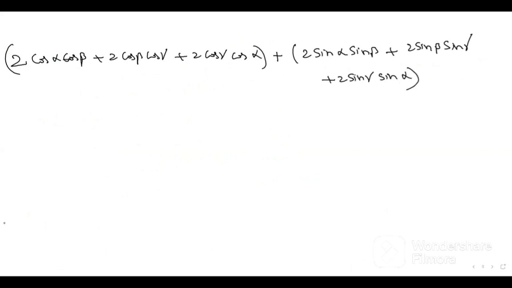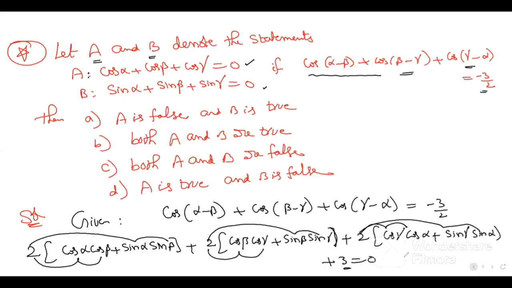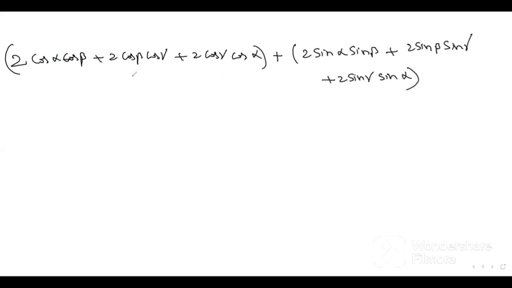Okay, right. Here cos square alpha. Here 3 placed on the right: 1 plus 2. Why? Because here on the right, plus 1. Here on the right, plus 2.